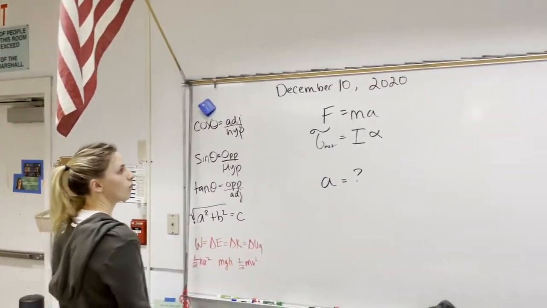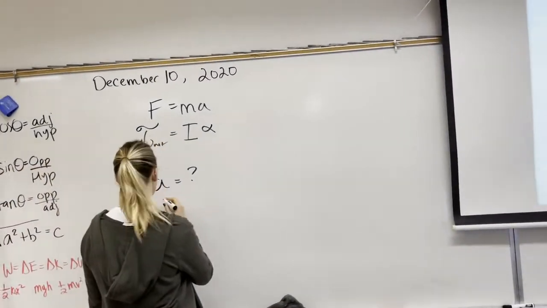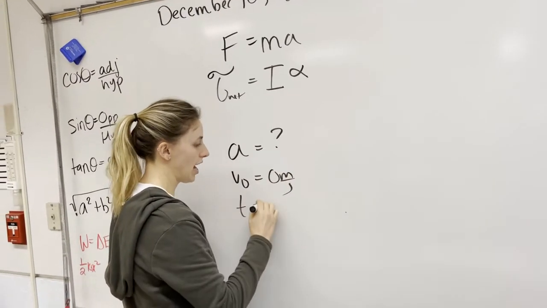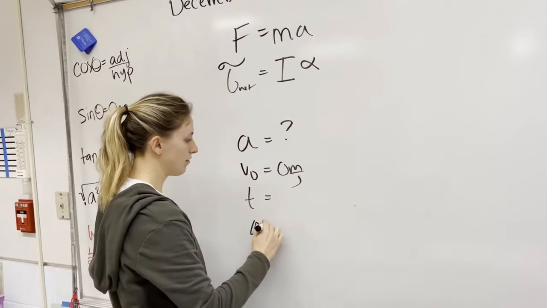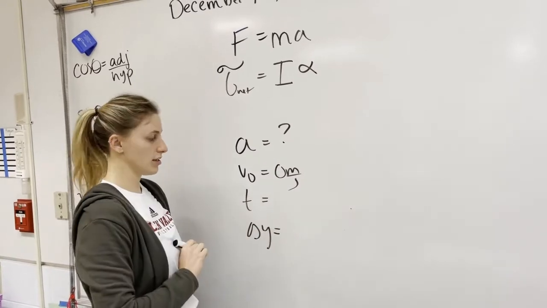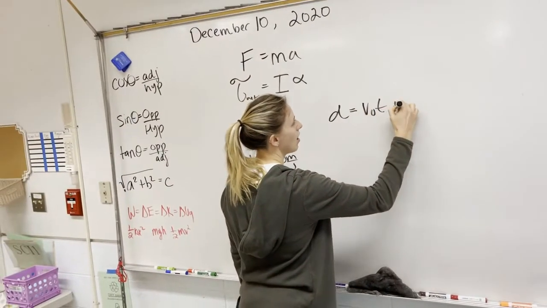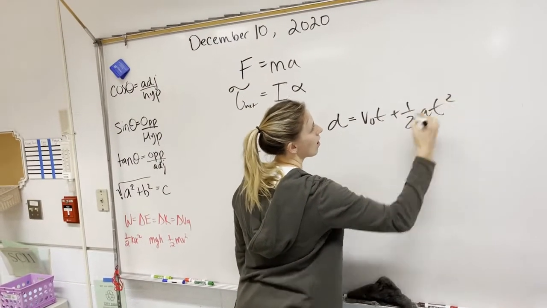We're trying to find the acceleration. So which equation? Write down the variables we have. We have initial velocity, which is going to be 0. We will have the time, and we will have the delta y. We are missing final velocity. Which equation is missing final velocity? The original one: delta y equals v initial t plus 1/2 a t squared.